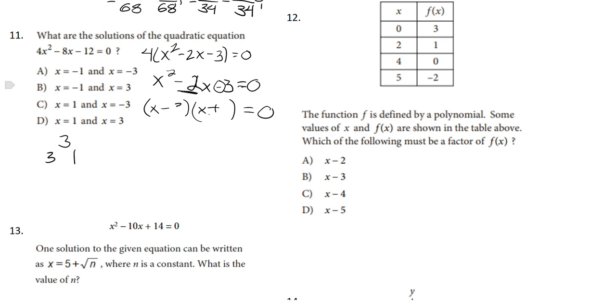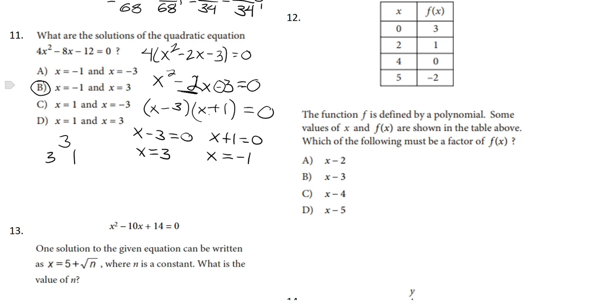The bigger number is always going to go first. The last step is to set each of these factors equal to 0. First, x minus 3 equals 0, means that x equals 3. And x plus 1 equals 0, means that x equals negative 1. And if we look at the answer choices, x equals 3, x equals negative 1 is B.